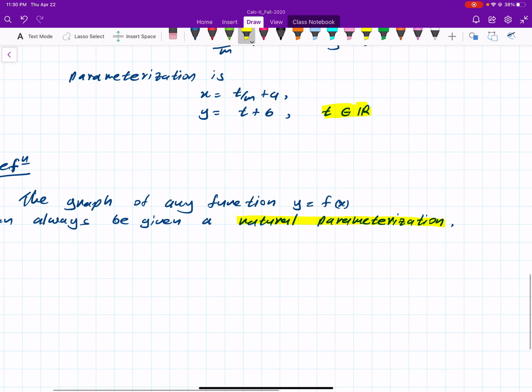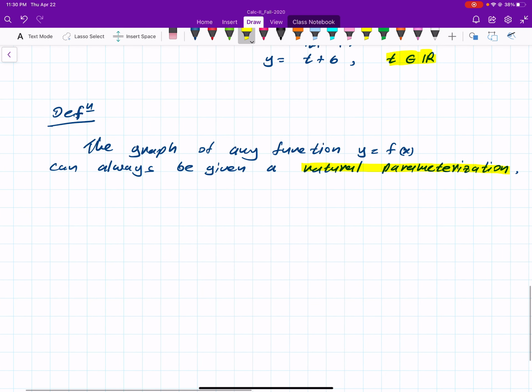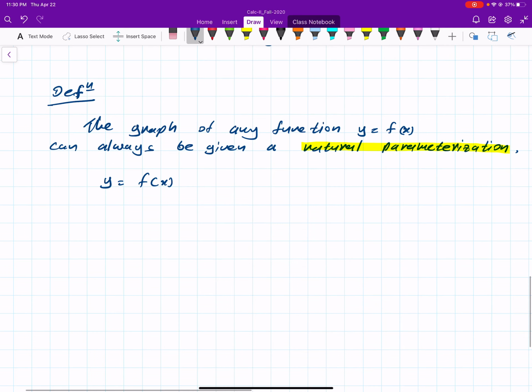Let's see what is natural parameterization. Your function is actually y equals f of x, which is the curve you are interested in. Now you can assume x is t.